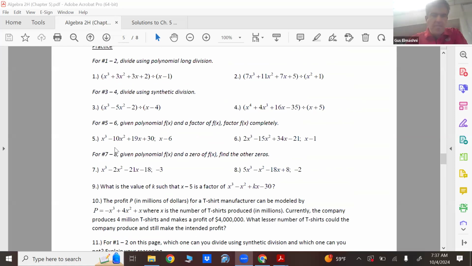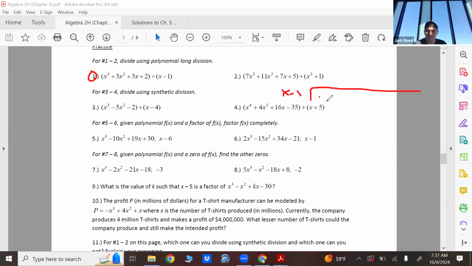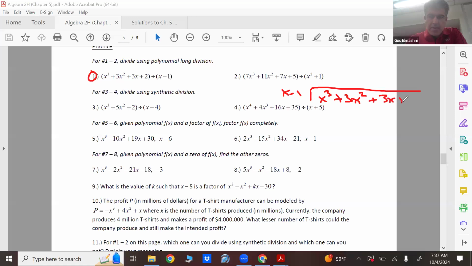So let's take a look at, say, number one. What you want to do is put x minus 1 on the outside and put x cubed plus 3x squared plus 3x plus 2 on the inside. Then you need to figure out how many times x goes into x cubed.